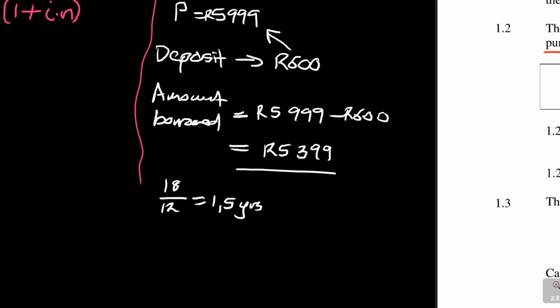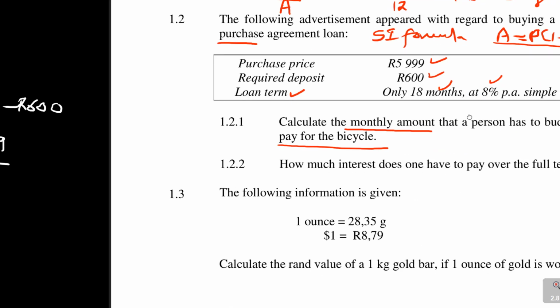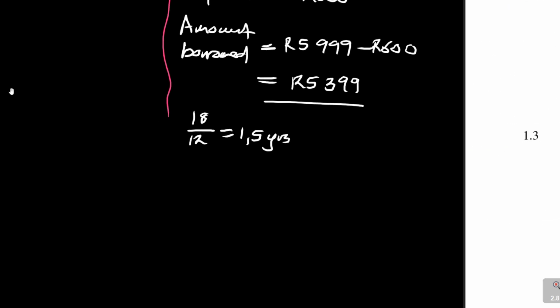Always convert that. What is the interest? The simple interest is 8% per annum. So you take this 8, you divide by 100, because it's a percentage, which is equal to 0,08. That's the decimal of that percentage.